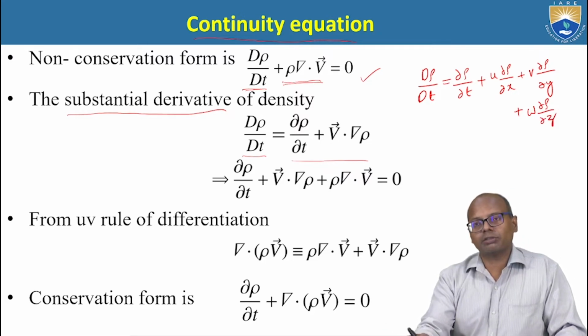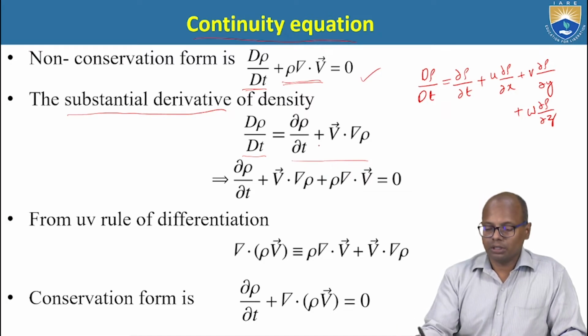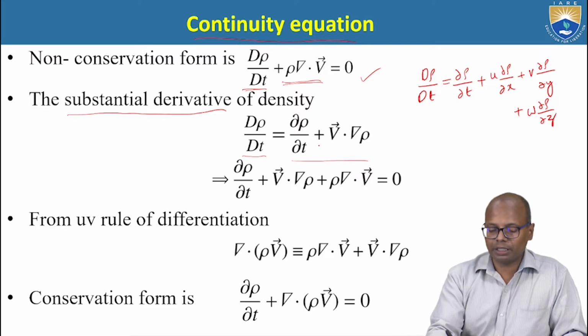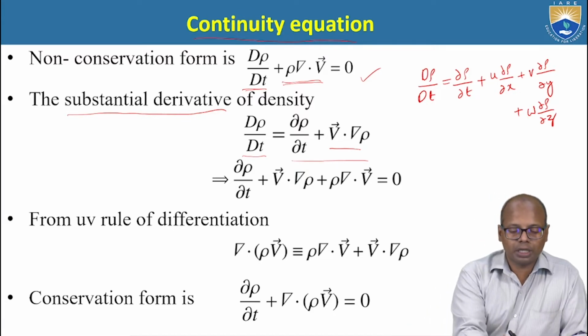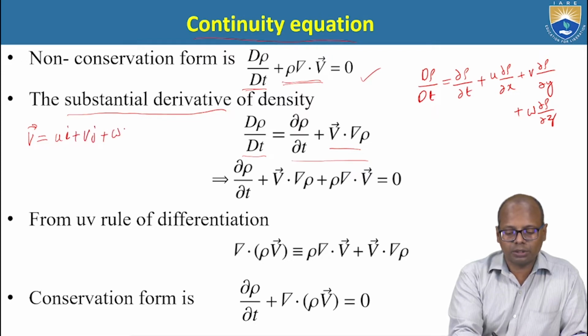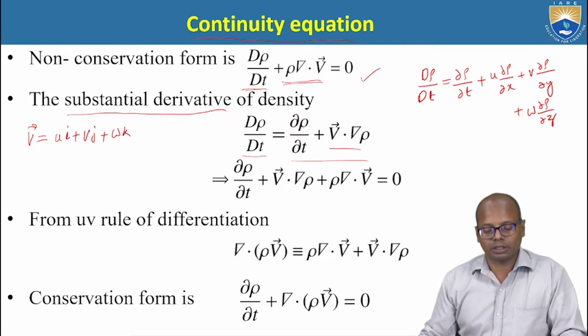If I write this equation in the vector notation, I will get this one. Just for the sake of reminding you, what is this v bar dot del? We have v bar equal to ui plus vj plus wk. This is the velocity expansion.